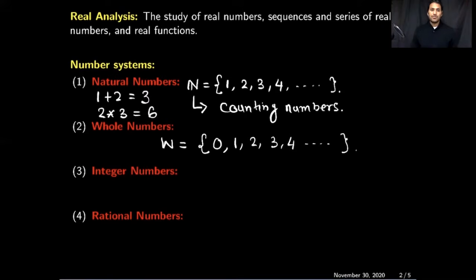So these two math operations can be applied on the natural number system. The same thing was true for the whole numbers because they have only one extra number in them, so nothing basically changed as far as mathematics is concerned.